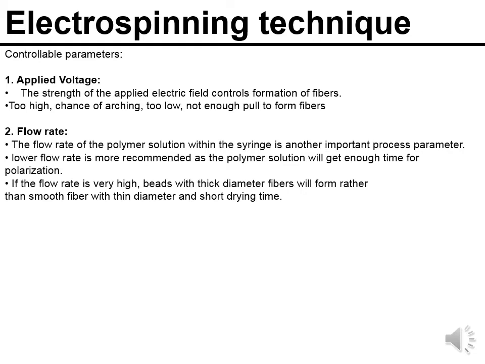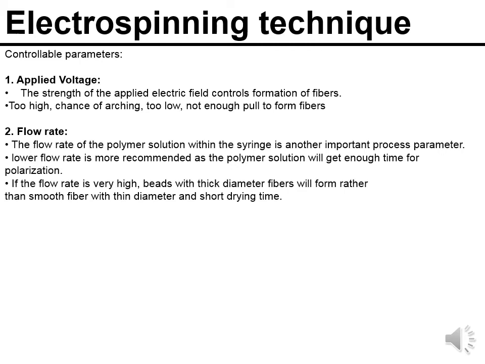The first one is the applied voltage. The strength of the applied electric field controls the formation of the fiber. If the applied voltage is too high, there is a good chance of arcing, while if the applied voltage is low, there is not enough pull to form the fiber. The second parameter is the flow rate of the polymer solution in the syringe.